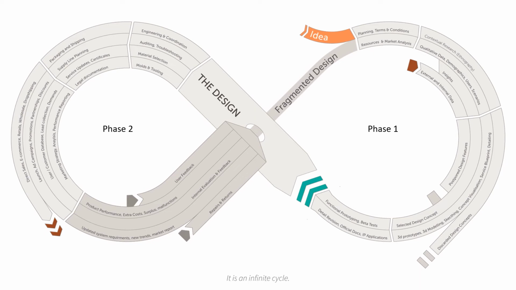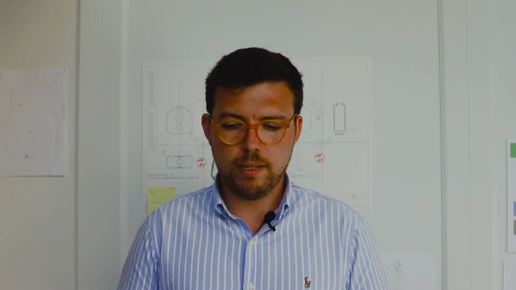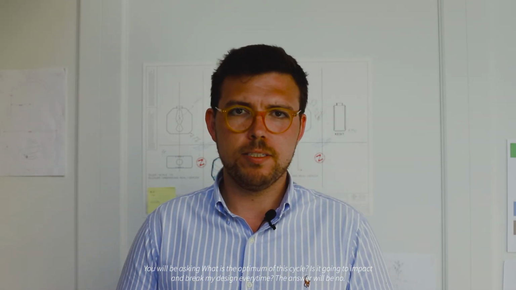It's an infinite cycle. And you'll probably ask, what's the optimum of this one? Is it going to impact every time and break my design? No, actually, we expect little friction in the second run. So little friction is optimum in this model. We need little friction of the feedback to the design, because system requirements always change, market trends always change, user demands always change.